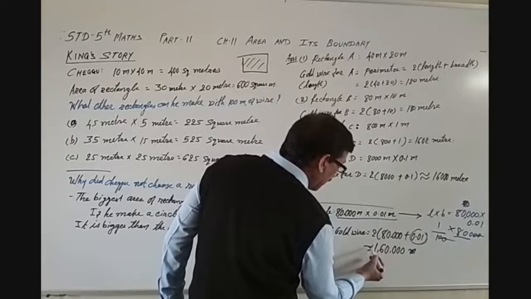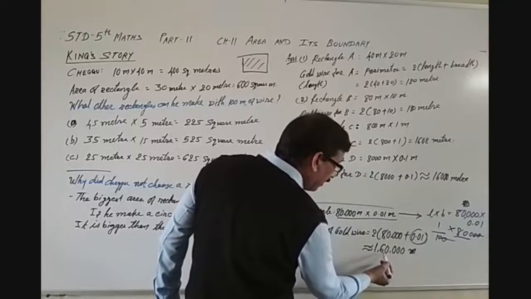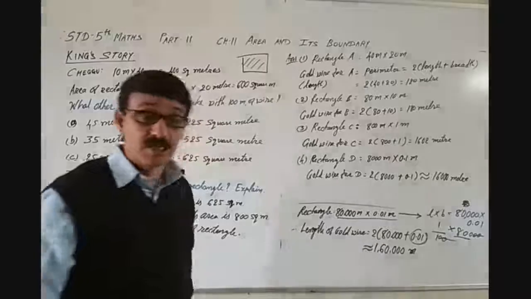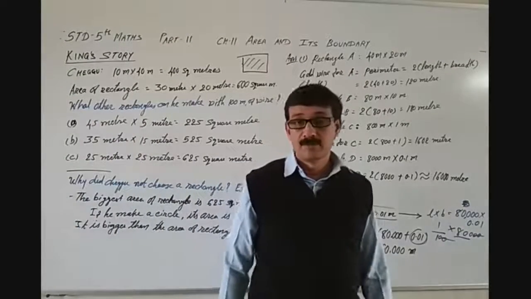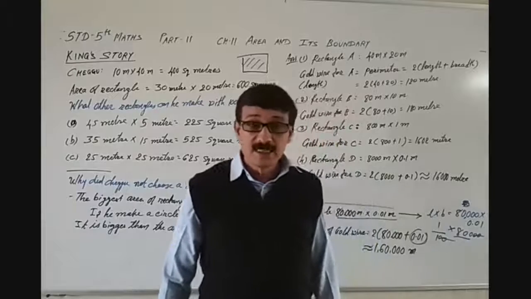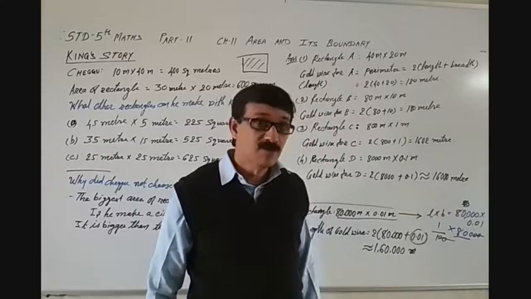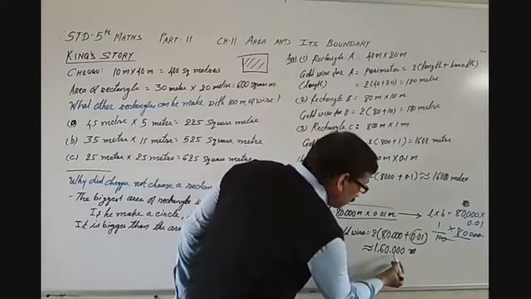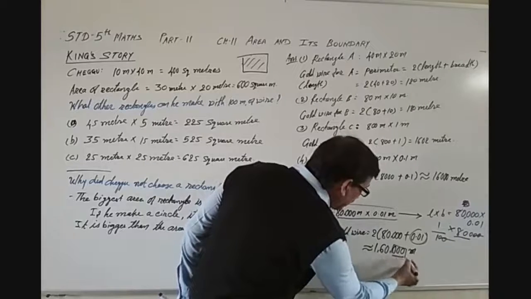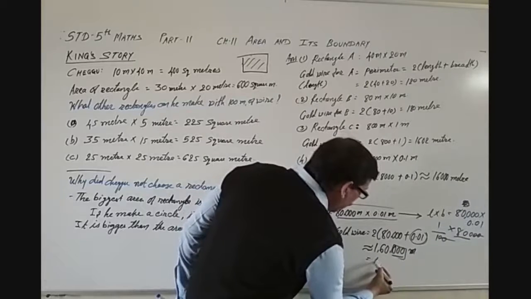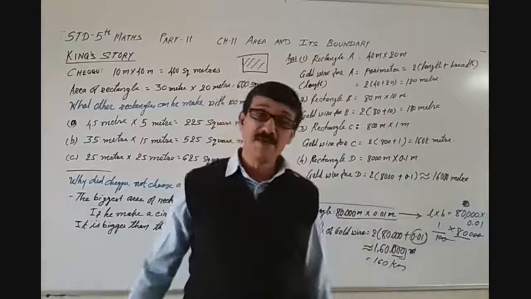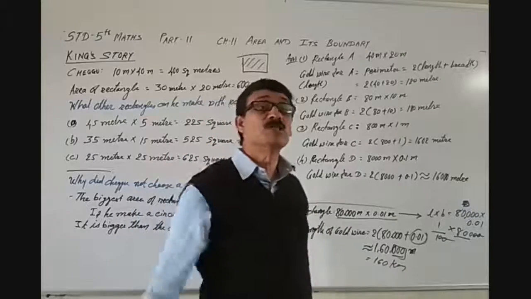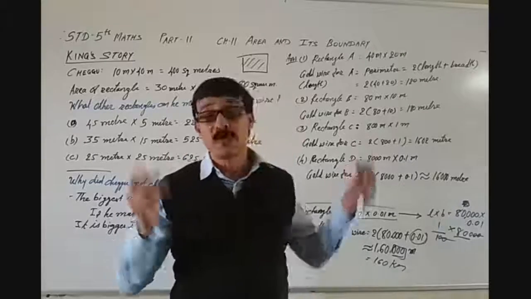So it is approximately 1,60,000 meters. And how many kilometers is that, can you tell me? See, divide by 1000, and it is 160 kilometers. So the wire required will be 160 kilometers long. That is also too much.